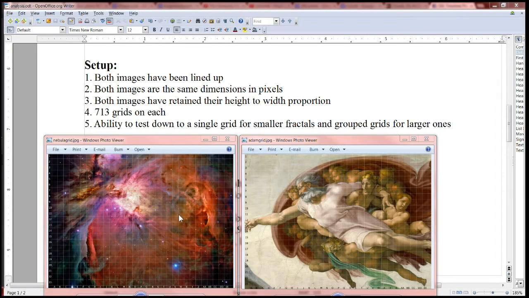There are some instances where we will want to take a look at a group of grids in order to see the whole thing, or the whole image that we want to see. In some cases, we'll look down to the single grid itself. For example, her face takes up more grids than one grid.